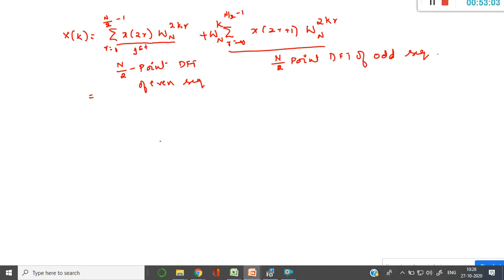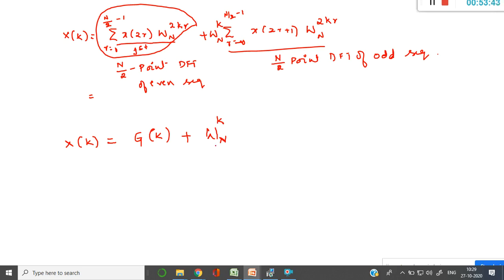So how do I rewrite the first term in the above equation? I'll make a shortcut: x of k is equal to, I take this entire first term and replace it for simplicity as g of k, plus, since we already used x of k, let me take another definition. What is g of k? It is nothing but the n by 2 point DFT, followed by W_N^k, which is again a definition of DFT.